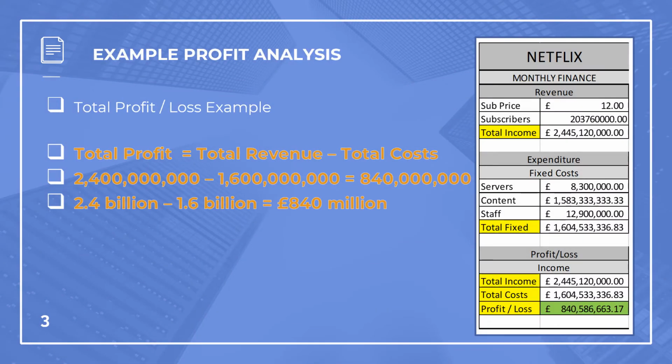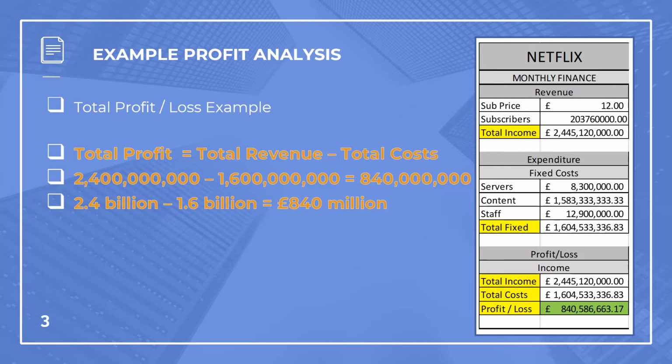So let's take a look at another real world example. This is for a profit analysis. So we're looking at Netflix, and most of these figures are estimated, but it was done through real research. So if we want to work out our total profit, we need to do revenue minus total costs.